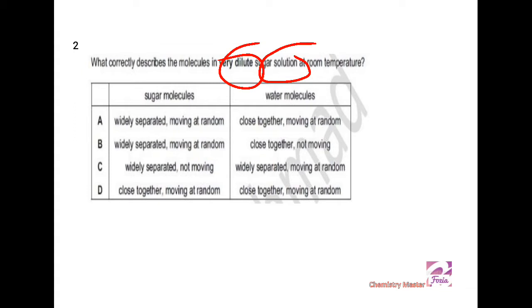So what is given? A sugar solution is made, and one column is for sugar molecules, the other column is for water molecules. For option A, sugar molecules are widely separated, moving at random. Yes, and water molecules are close together, moving at random. So we will keep this reserved.